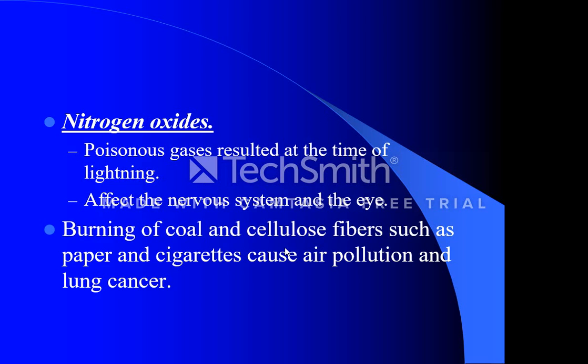It's a poisonous and acidic gas, by the way, and it affects the nervous system and the eye. Okay, and the last negative effect that we have, burning of coal and cellulose fibers such as paper and cigarettes, cause two things, which are air pollution and lung cancer.